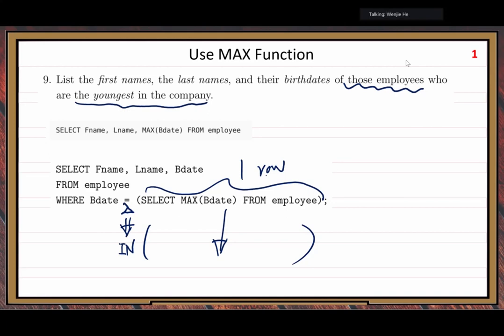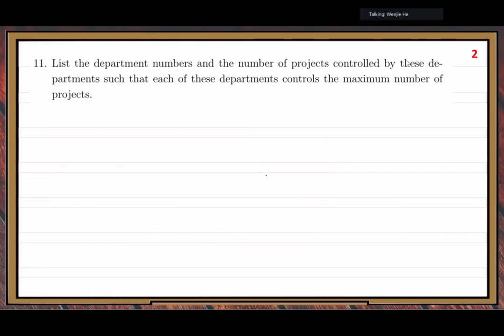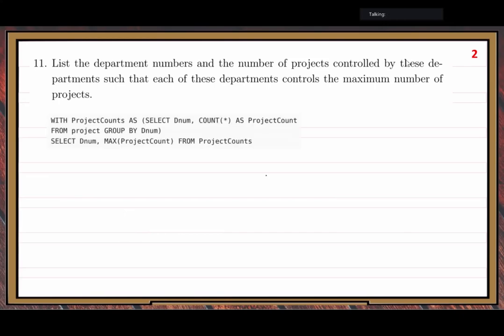Then question number 11. Here we need to understand the department that controls the maximum number of projects. This time we need to use a temporary table. Here I want to point out another similar problem.